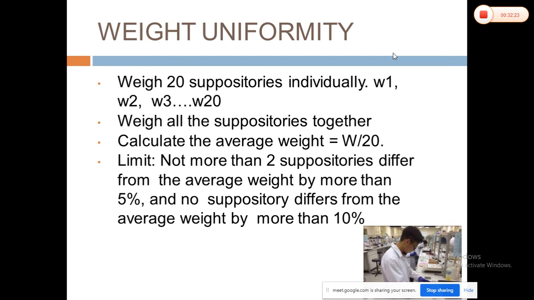Then weight uniformity: you have to select 20 random suppositories and take the individual weights. After that, we calculate the average weight and compare the individual weights with the average weight, so that not more than two suppositories differ from the average weight by more than 5%, and not a single suppository differs from the average weight by more than 10%.